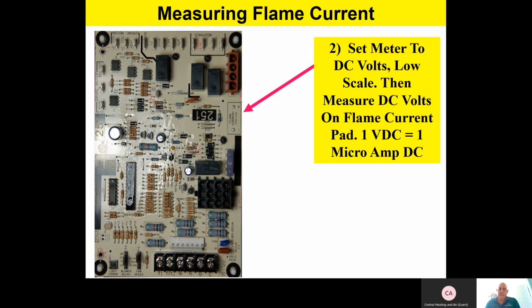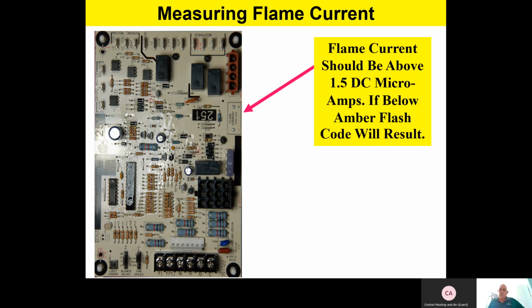That little flame current pad is a really nice service feature on our Champion furnace controls. You don't have to have a special meter anymore, just a plain Jane voltmeter. Set it on DC volts and read DC voltage on those 2 little spots on the flame current pad. 1 volt DC equals 1 microamp flame current.